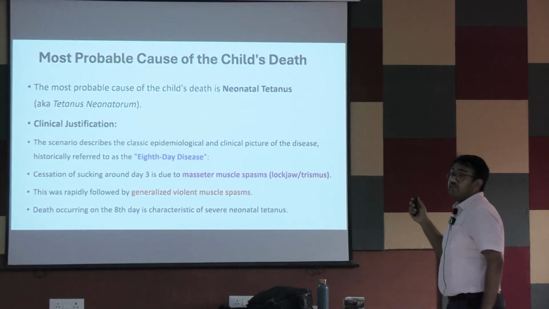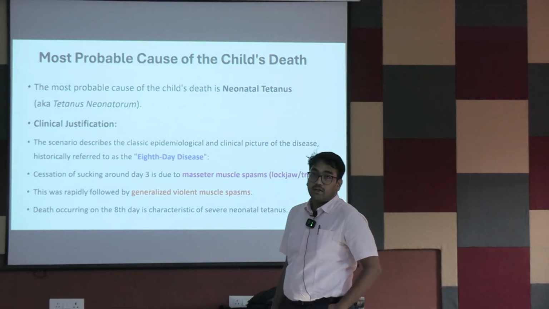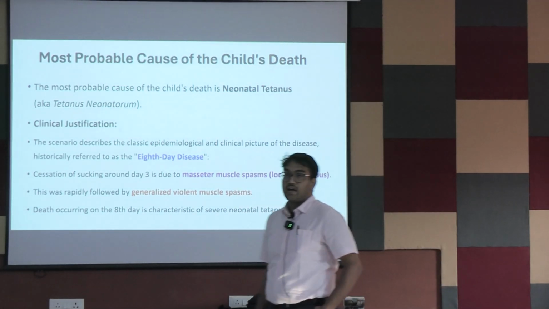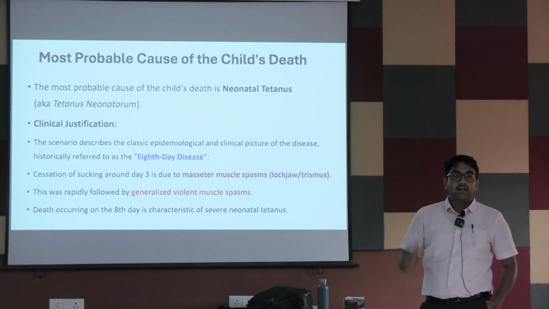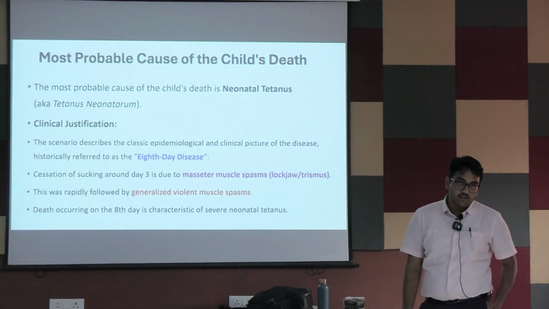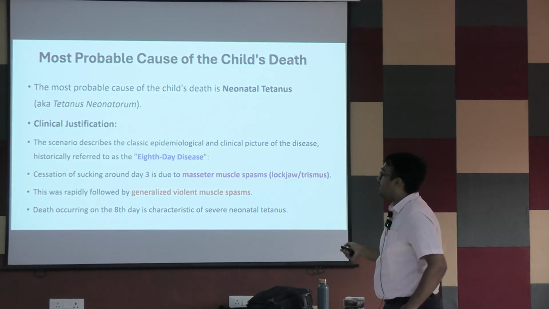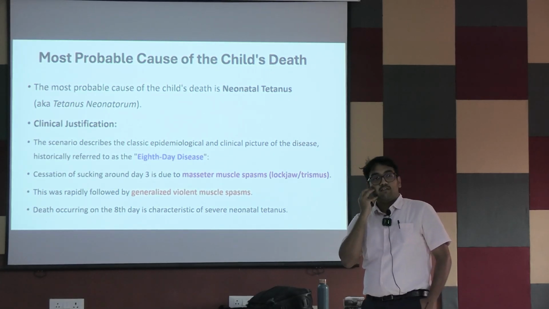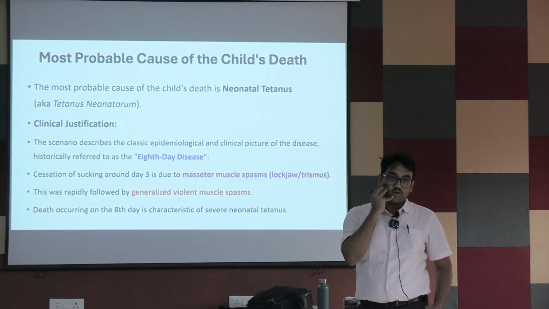So going ahead, what is the most probable cause of this child death? As we know, it is neonatal tetanus, isn't it? The child died on the 8th day. Neonatal tetanus is known as the 8th day disease. Initially, when the baby is not suckling, that is due to gradual development of spasm of the masseter muscle, or lockjaw or trismus.